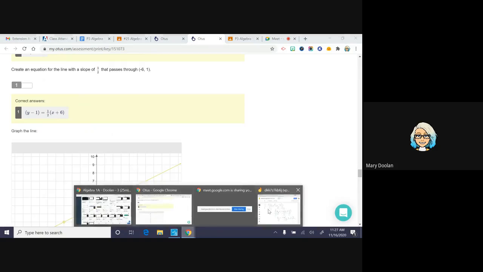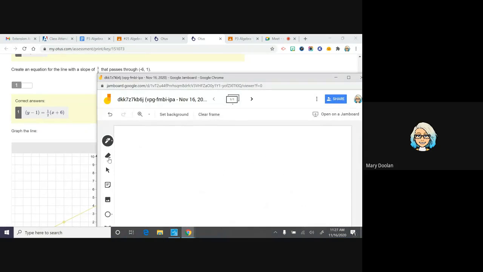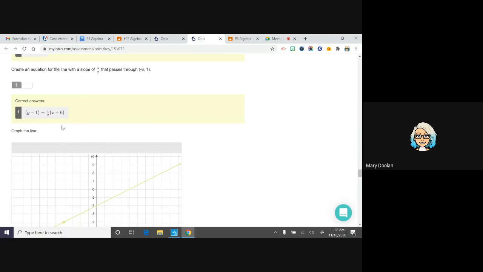The reason those signs are the way they are is because when you are working with two negatives, like a minus and a negative, it becomes add the opposite. So what they started with was y minus 1 equals 1/2, and then we had x minus, well, -6. This is why we can see the plus, because it becomes adding 6 instead. That's where that plus sign came from.